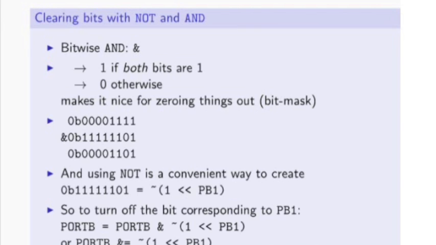So if you want to turn off the bit corresponding to PB1 without touching any of the other ones, what you do is you say PORTB equals PORTB AND the negation, the NOT, of our bit shifted over.